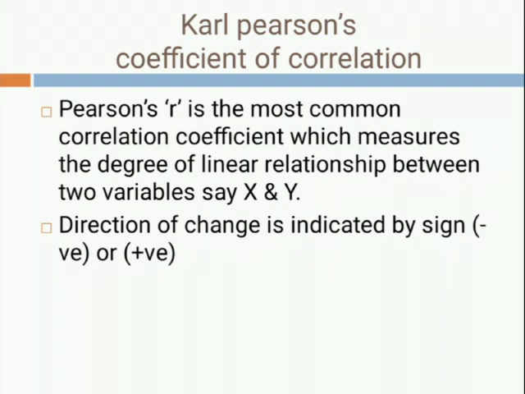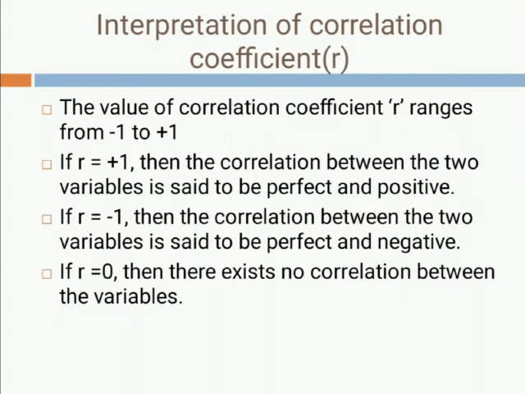And do remember, whenever we measure correlation, we call it the coefficient of correlation, denoted by r, and it is in the range of -1 to +1. To determine the direction, whether the same direction or opposite, we use the positive and negative sign.